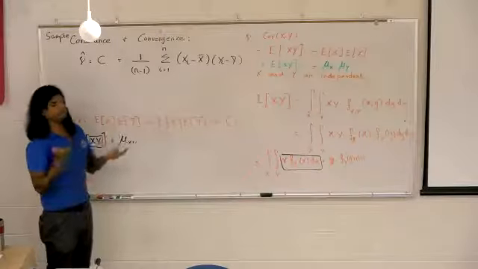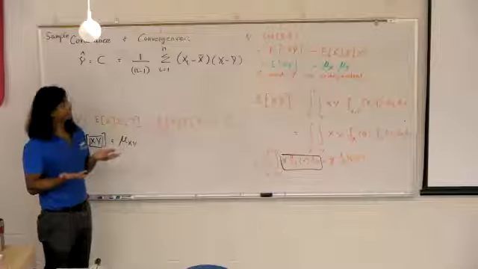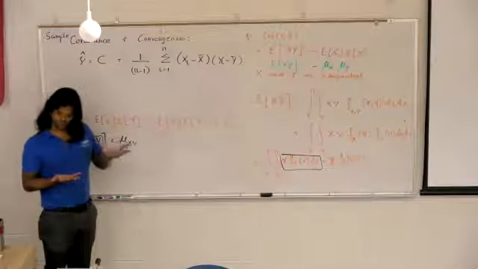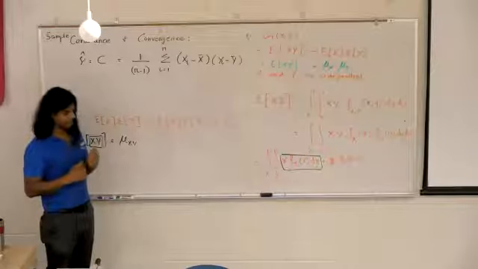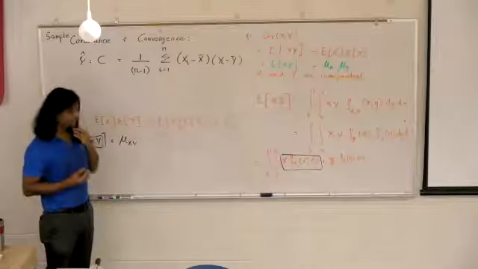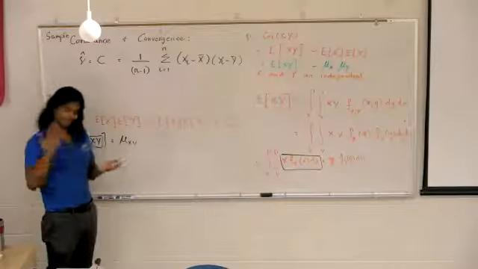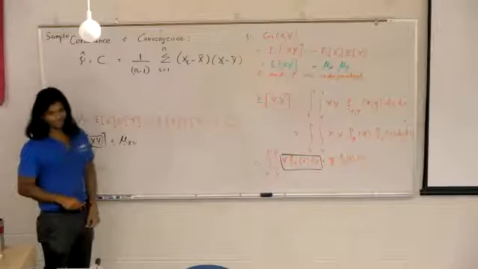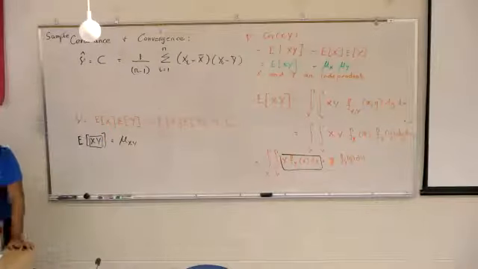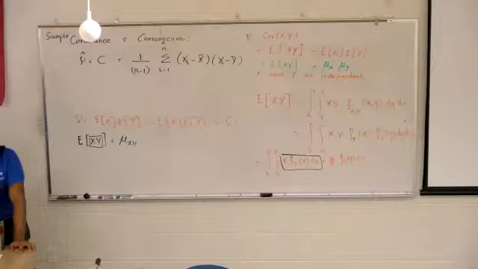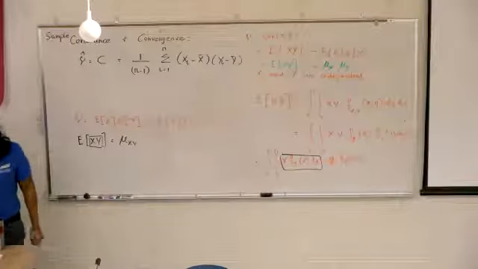covariance of x and y, two different variables, will measure how one varies with respect to another. But if you put y equals x, what will you get instead of covariance? The variance. You'll get the variance of x.